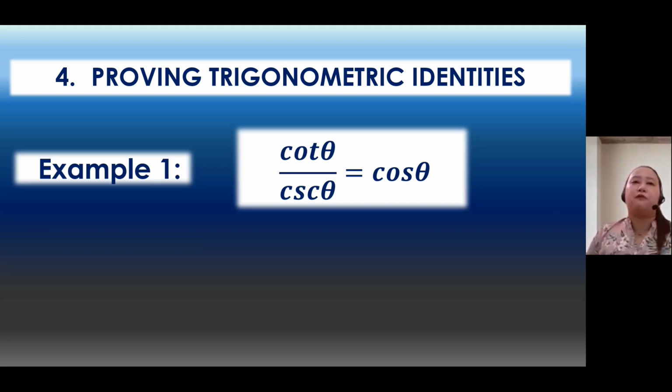Okay, so let us prove: cotangent theta over cosecant theta, is it really equal to cosine theta? So that is proving. You have to show that the left side is equal to the right side.